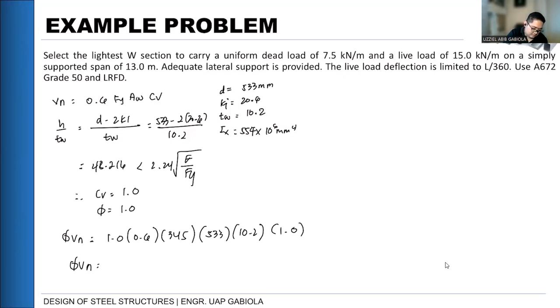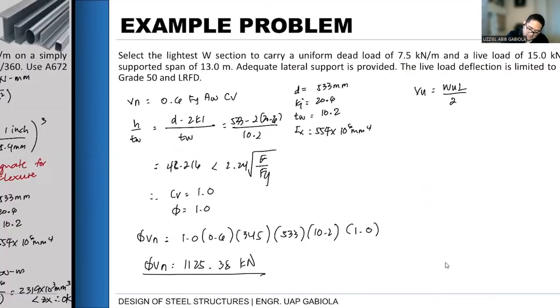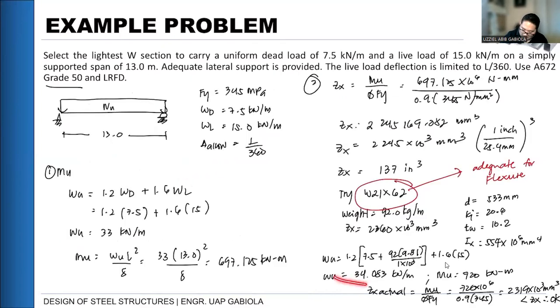So dividing by 1,000, ang capacity ng section natin for shear is 1,125.38 kilonewton. Pero ano yung ultimate shear natin? That is WL over 2. Mula dito kanina, gawin natin 1.2. Tapos kung ano yung value dito ng W natin. Ito pala dapat, no? So 34.083.